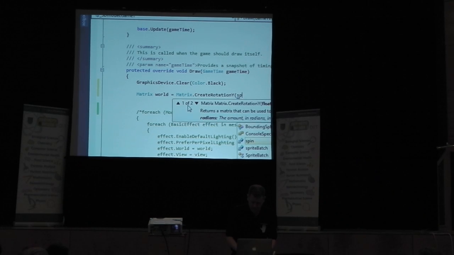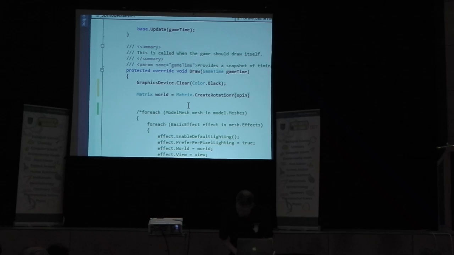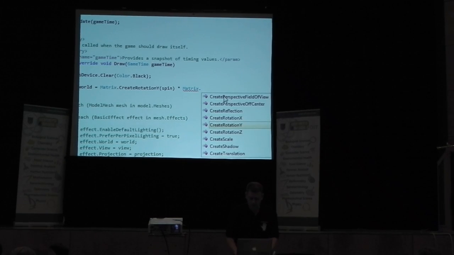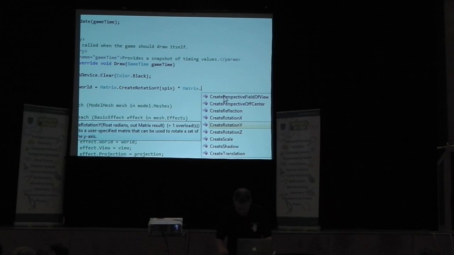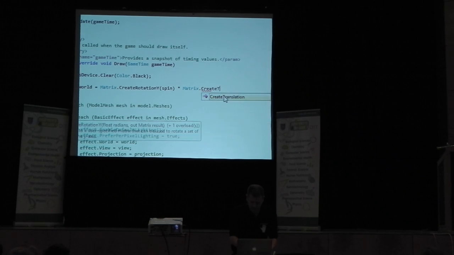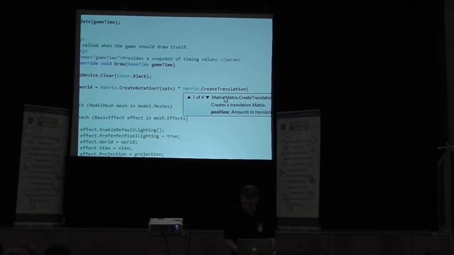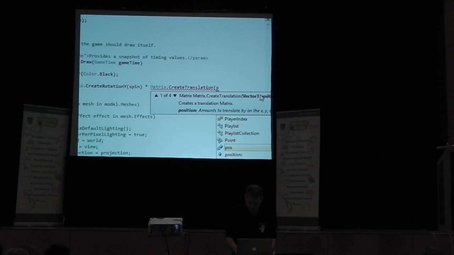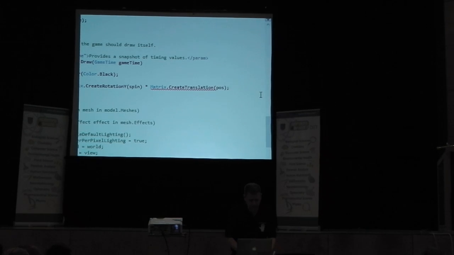I'm going to use the variable spin because I want my little Dalek to spin around. And then I also have to include the translation. What you can see here is that writing a computer program is somewhat like a combination of maths and English. So we will also create a translation, and the translation is going to be using the variable pause. That's my world transform matrix.